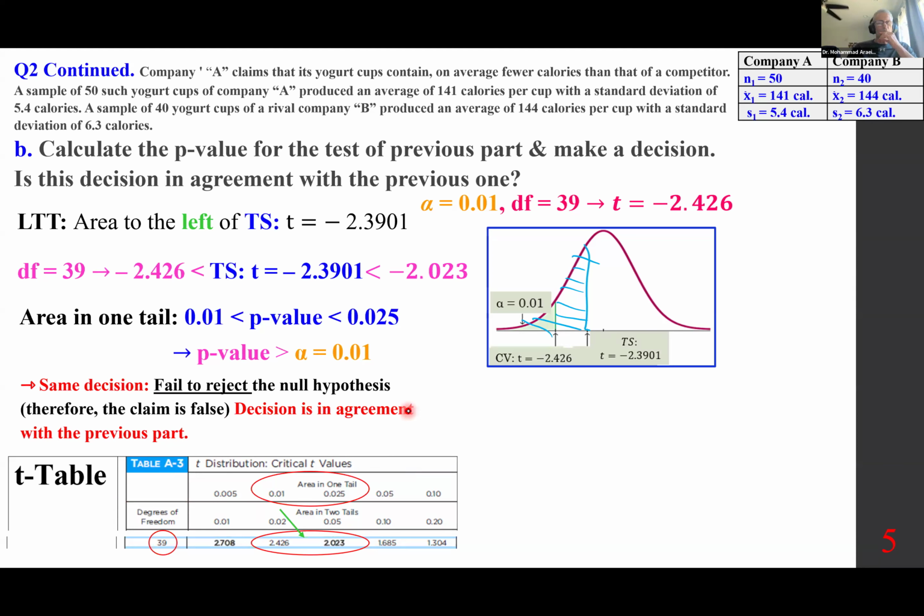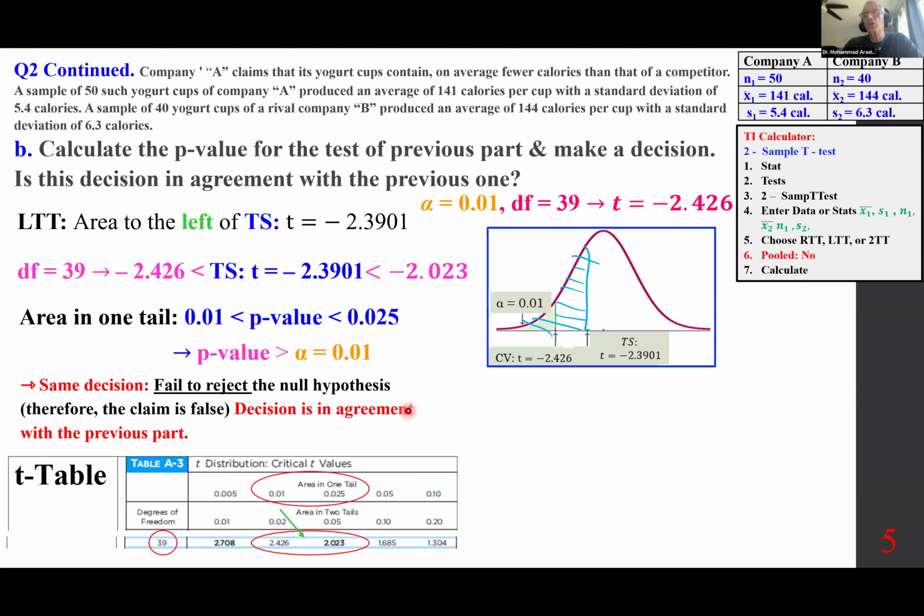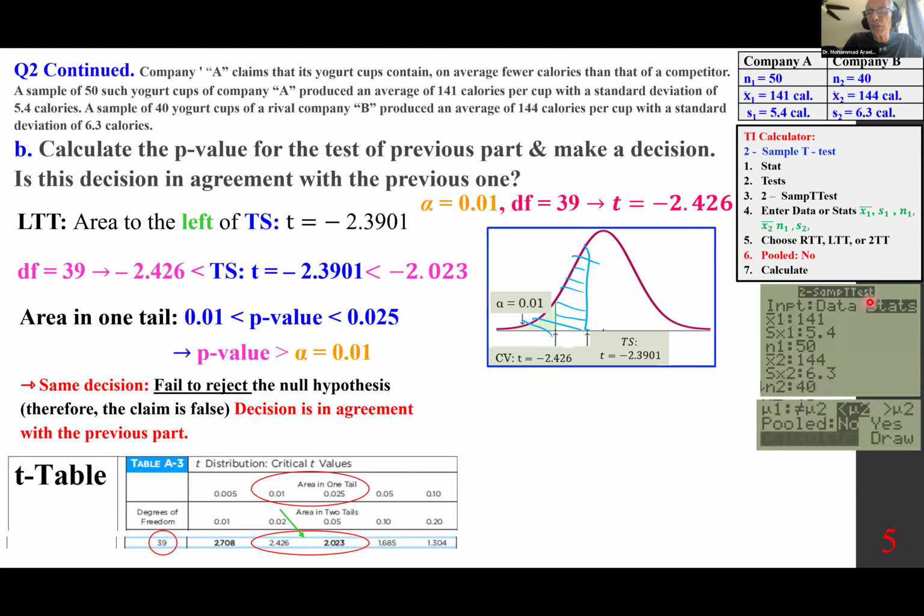Now, here's where it becomes interesting. Let's use technology. I want to show you what happens with technology. So we are going to use a two-sample t-test. When we do that, we put in x1 bar, s1, n1, x2 bar, s2, n2. We put in all the information.